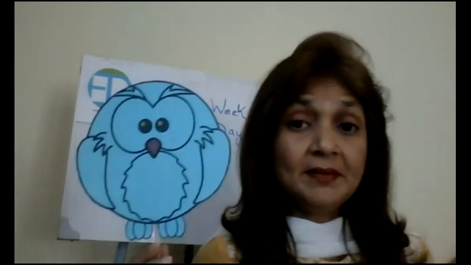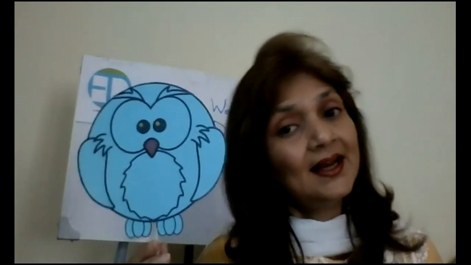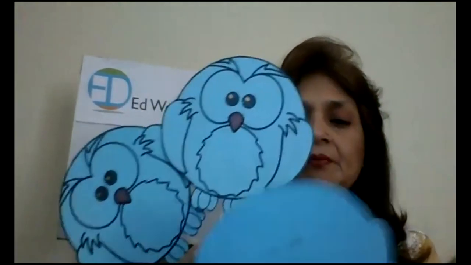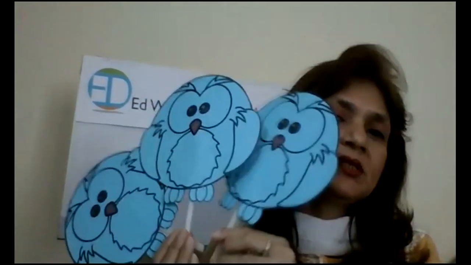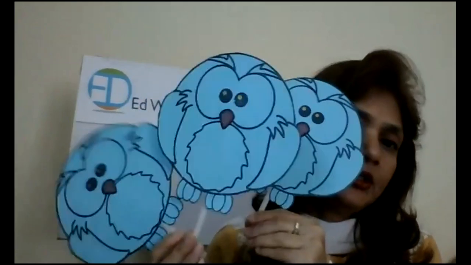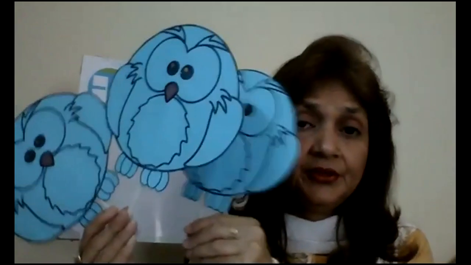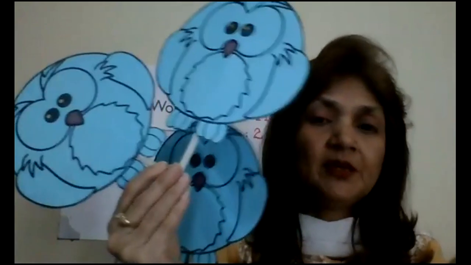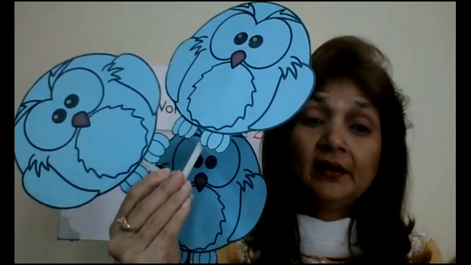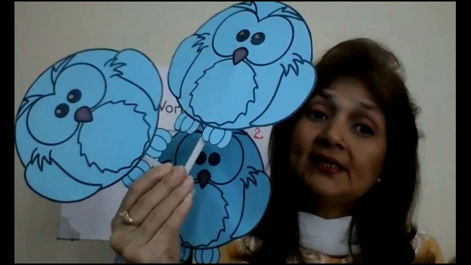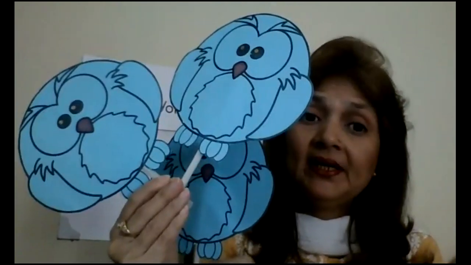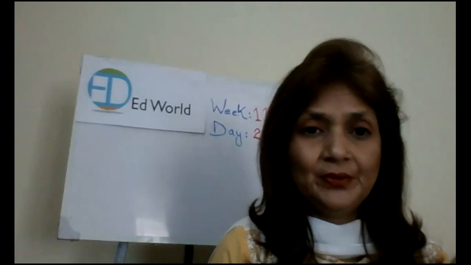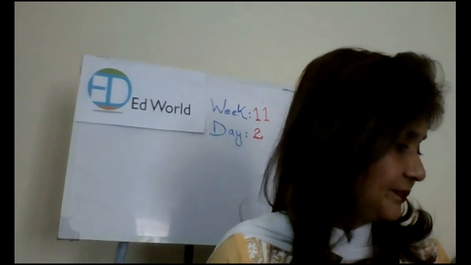Now what is this in my hand? It's an owl. But now how many owls do I have in my hand? 1, 2, and 3. So now there are 3 owls, but before, how many owls were there? 1. So 1 is singular and more than 1 is plural. Correct. Very good, class.